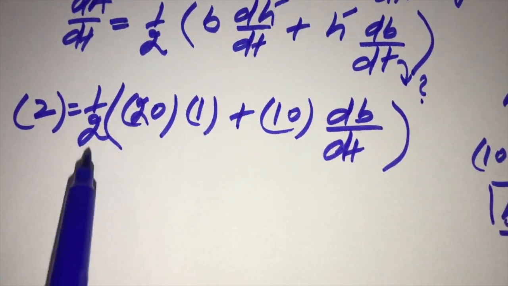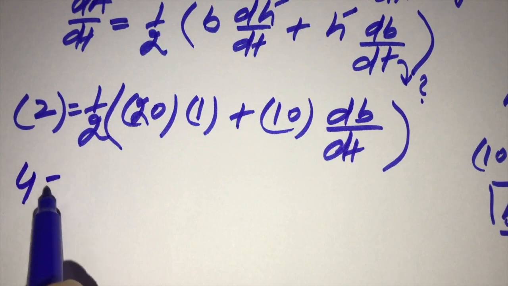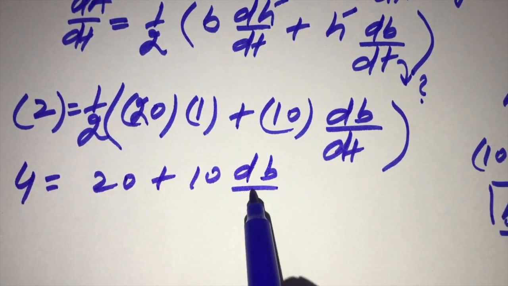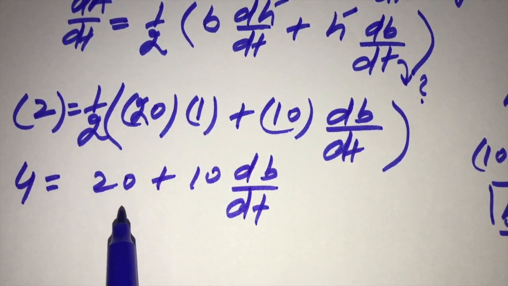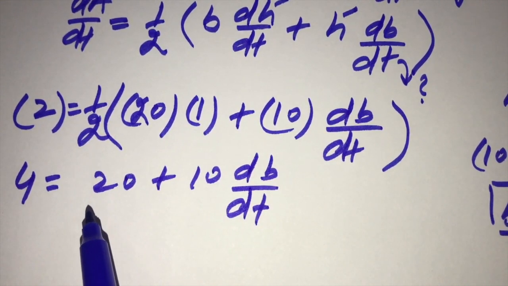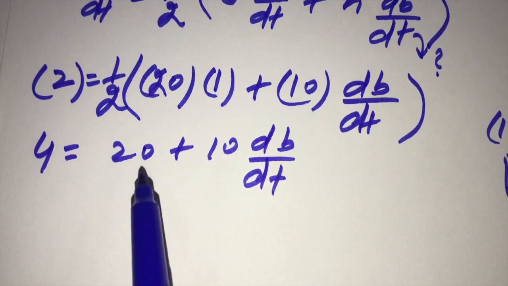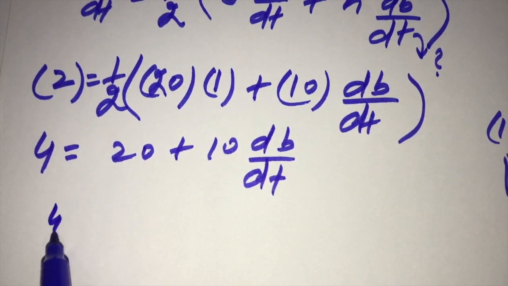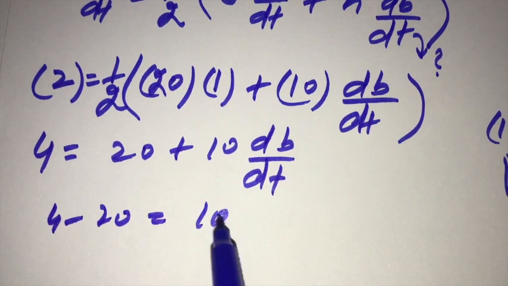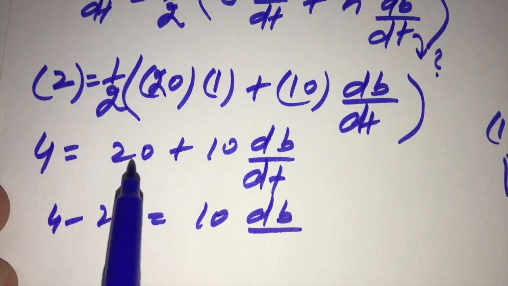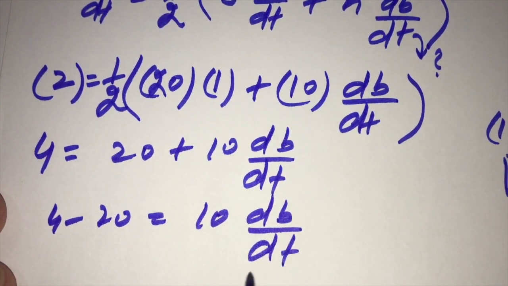So when we multiply by 2 on both sides, we get 4 is equal to 20 plus 10 dB by dt. Take the 20 on the opposite side: 4 minus 20 is equal to 10 dB by dt.